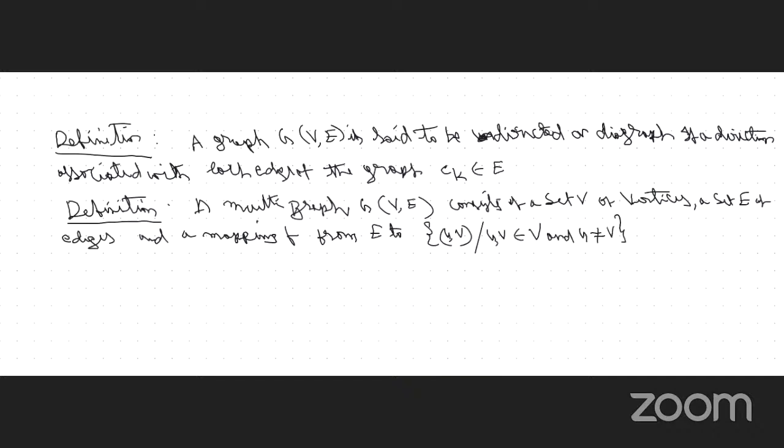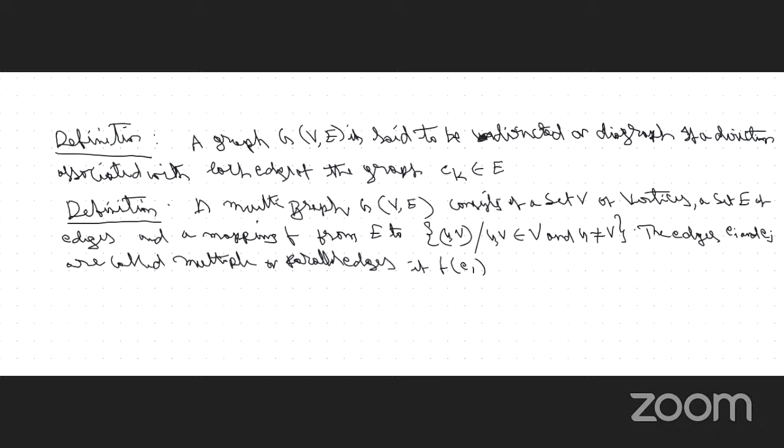The edges Ei and Ej are called multiple or parallel edges if f(Ei) equals f(Ej).